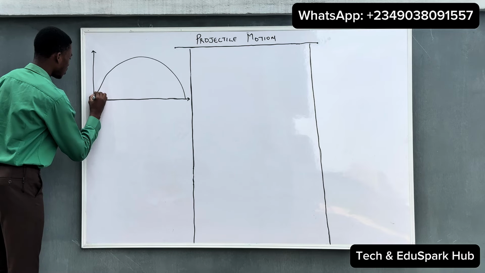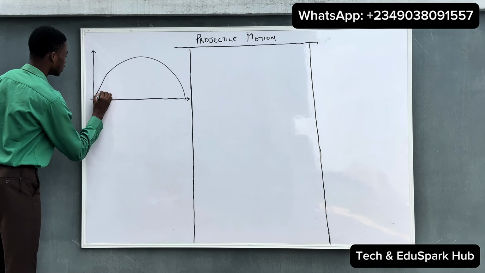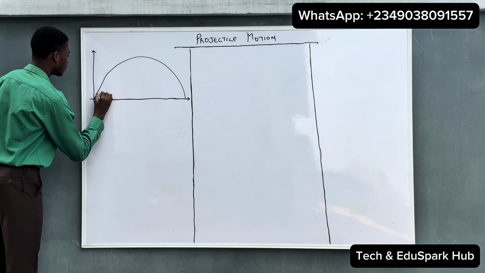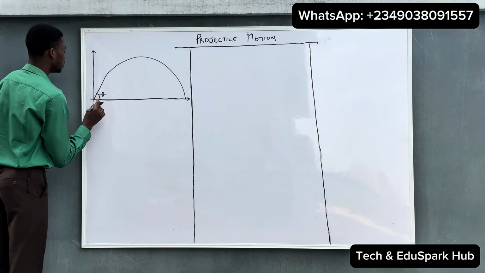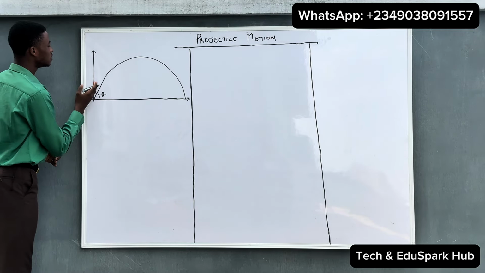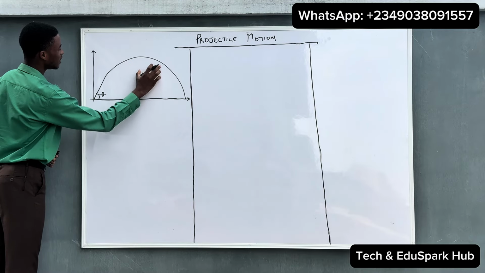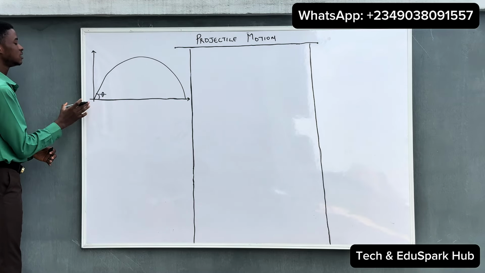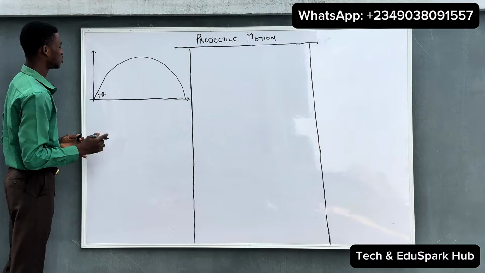Now this is our angle. This is the angle at which the body is projected. From the definition of projectile, we said the body is projected upward into the air at a specific angle and the object is moving under the influence of gravity.